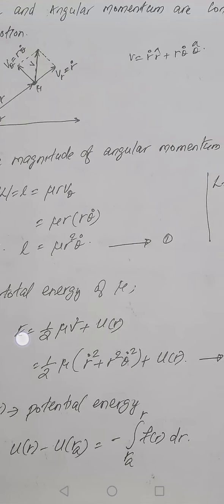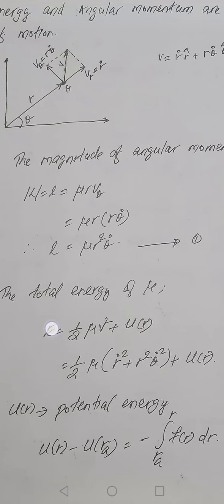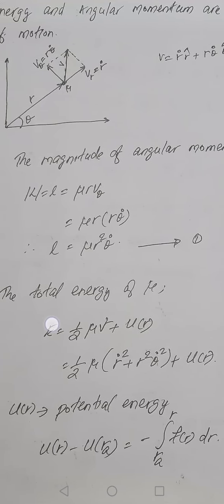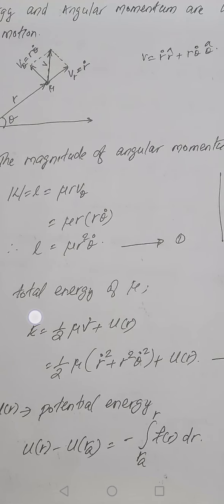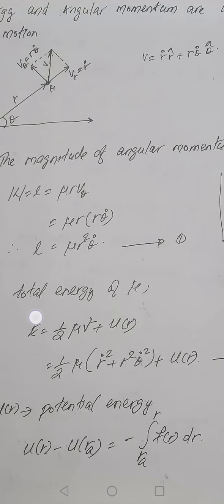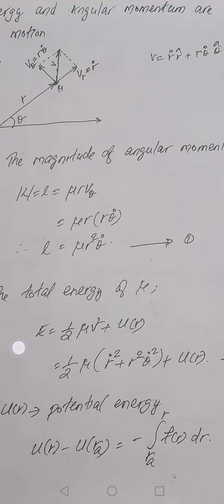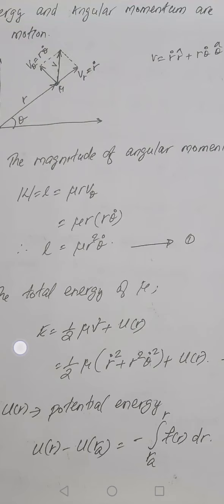So what is u of r here? U of r is the potential energy. Potential energy is defined like this: u of r minus u of ra is equal to minus integral from ra to r of f of r dr. What is ra? Ra is some far point.